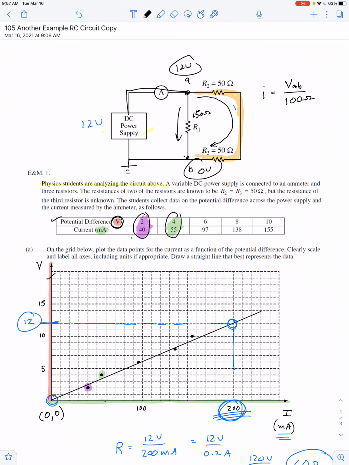So even though they're saying what's the current through the 50 ohm resistor, I'm not going to plug in 50 ohms for the resistance. I'm not going to say I equals V over 50 because 50 is not the resistance on the full path for which I know the potential difference.